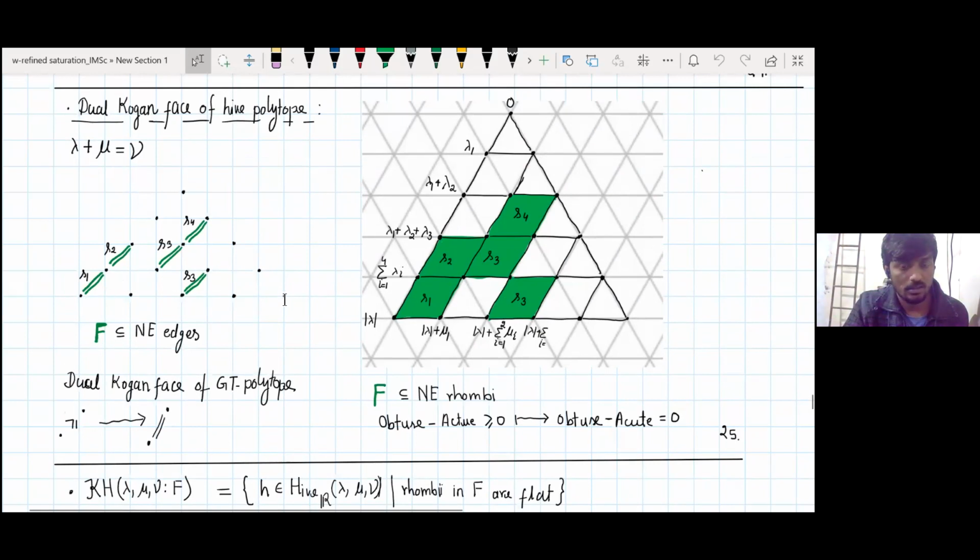Here, on the left side, I have denoted the GT pattern, some triangular array. There was some face F, the collection of northeast edges. You know, the northeast edges in this GT pattern correspond to the northeast rhombi in the hive. So taking equality in the GT pattern will be the flat rhombi in this hive polytope.